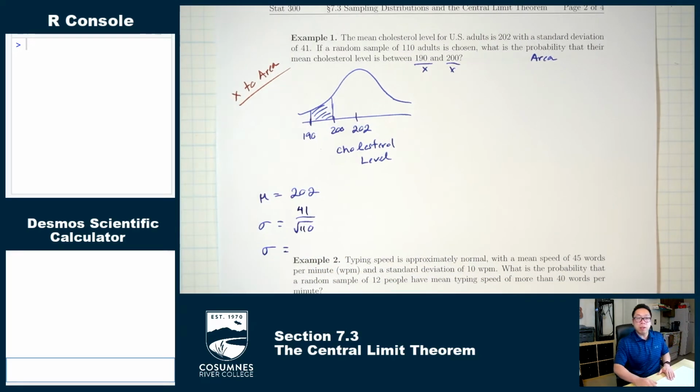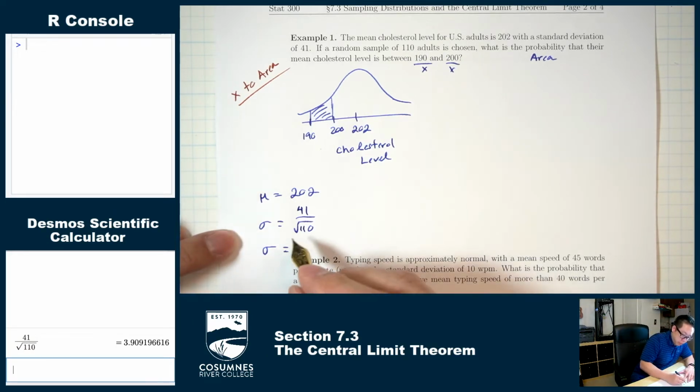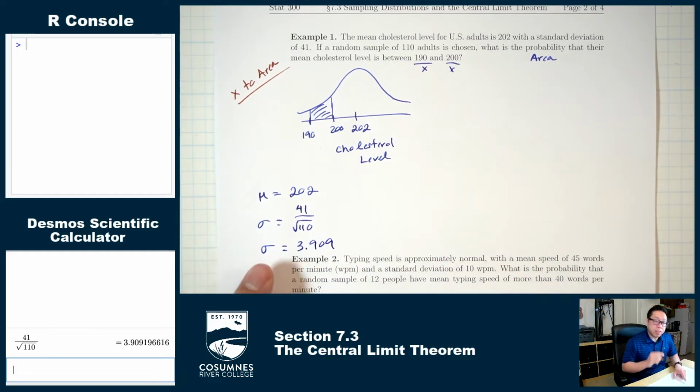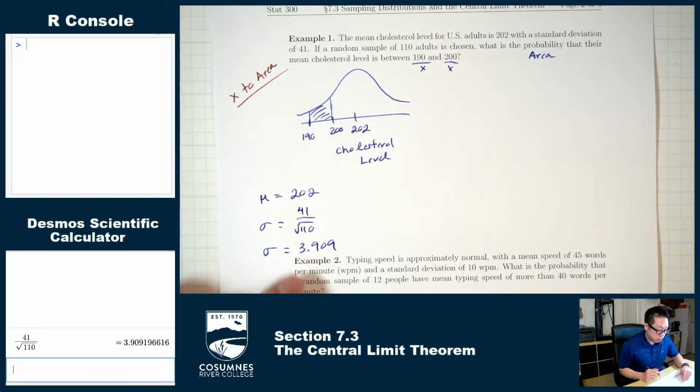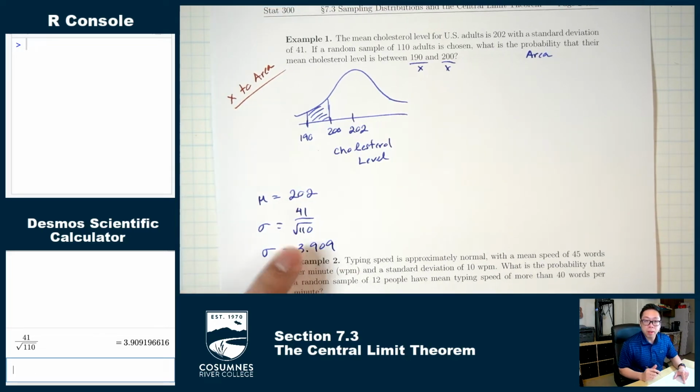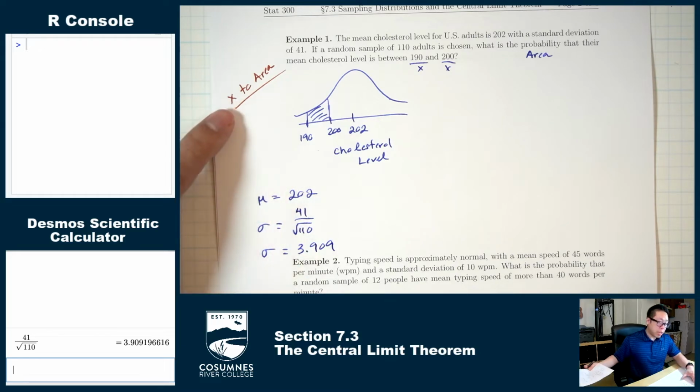On my calculator, 41 on top, on the bottom square root of 110. And then round this to 3 decimal places. So it's 3.909. And that's the standard deviation that you're going to be using for the rest of this problem. Not 41, 3.909.